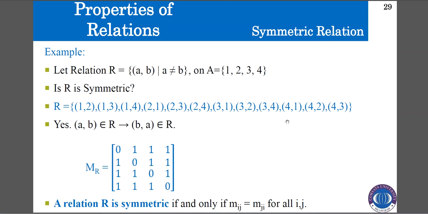Let us consider another example. The relation R is (a, b) such that a is not equal to b on the set {1, 2, 3, 4}. Is R symmetric?